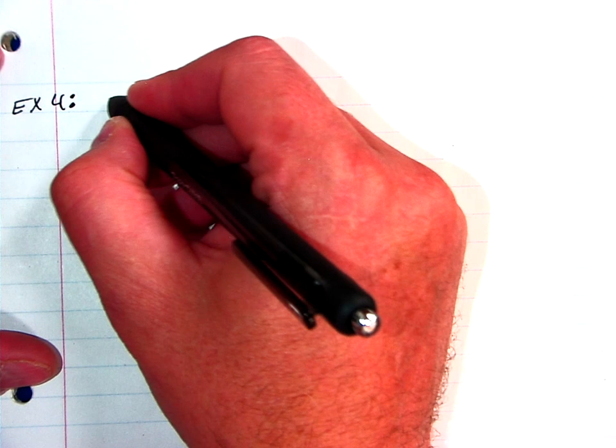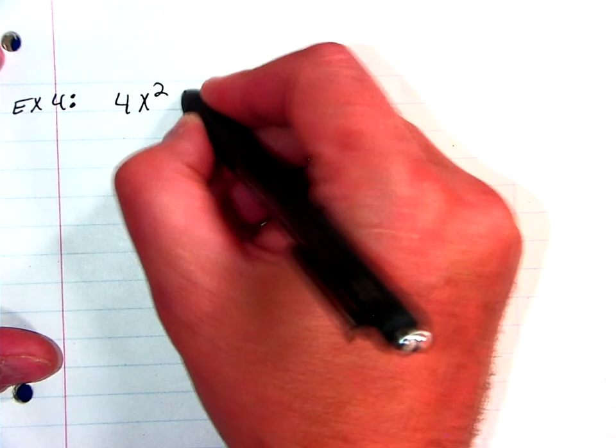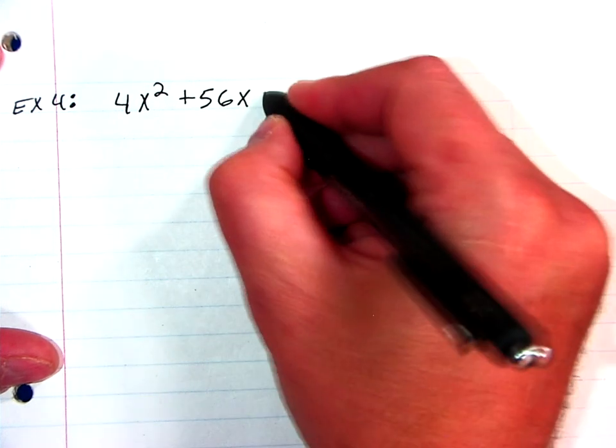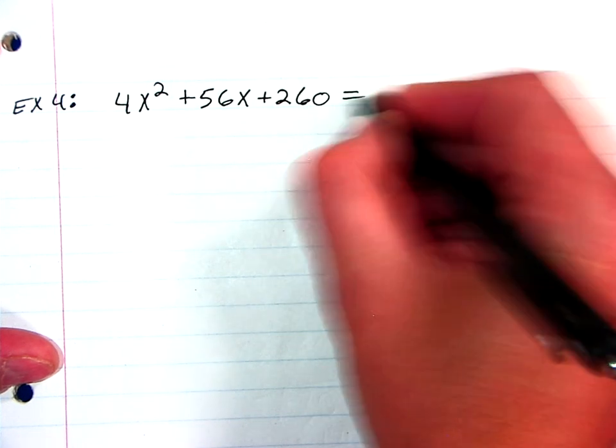All right, so solve 4x squared plus 56x plus 260 equals 0.